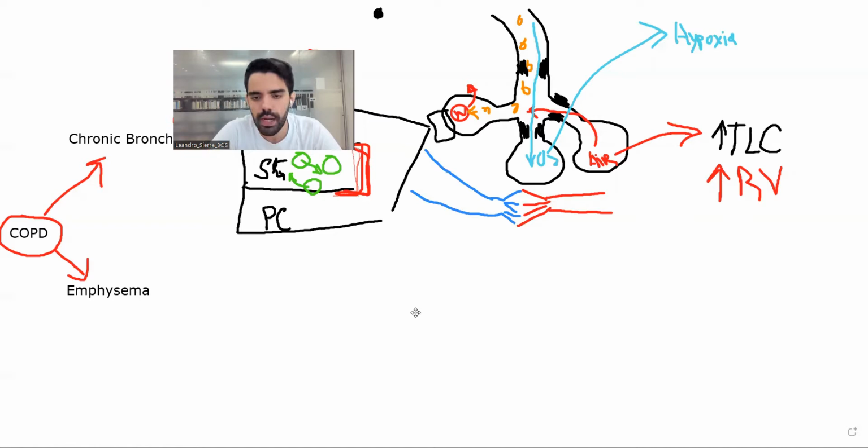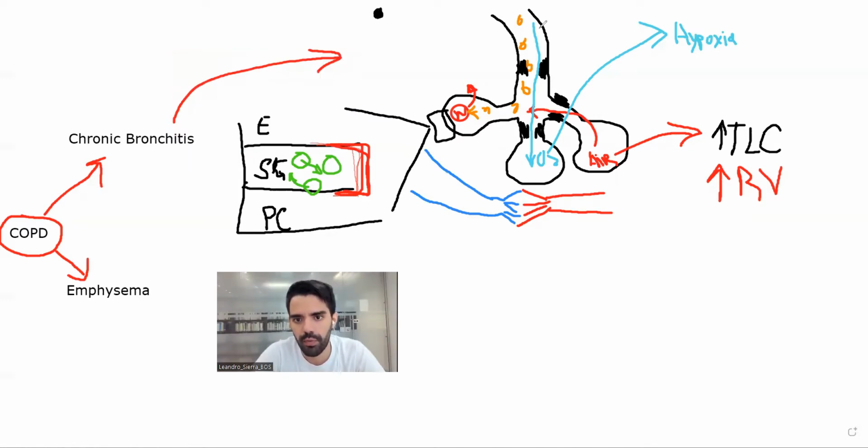If you have less oxygen inside the alveoli, you will have a decrease in the oxygen that passes to the blood. So you will have a hypoxia and a hypoxemia. Hypoxemia is the decreased oxygen inside the blood vessel.